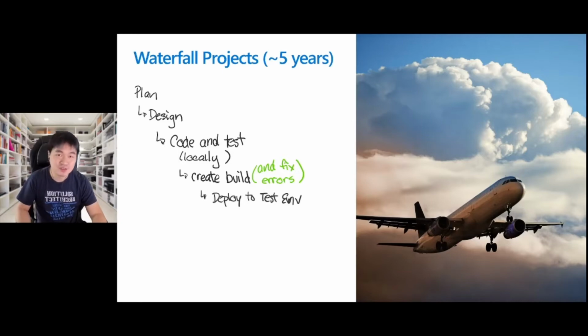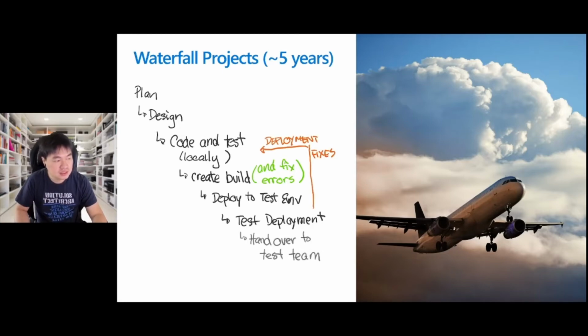You actually try and deploy it to an SIT or UAT environment, and then you basically make sure that the app is working, right? After that, you finally test the deployment and then hand it over to the testing. After all the bug fixes, finally release to production.